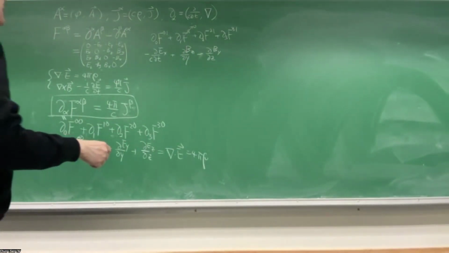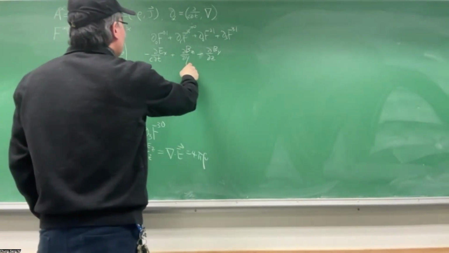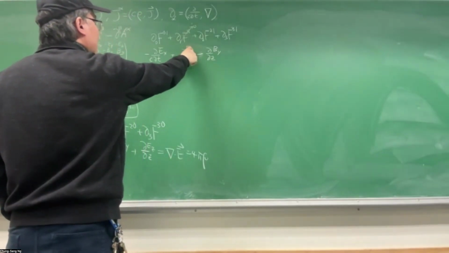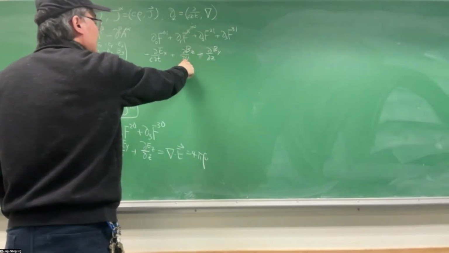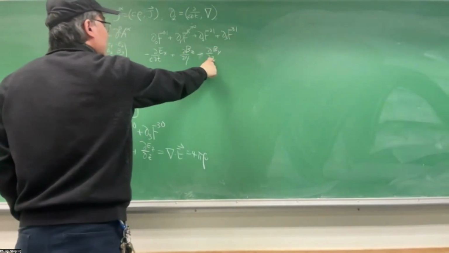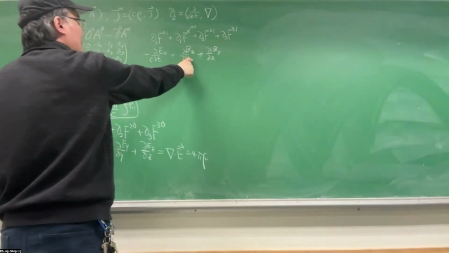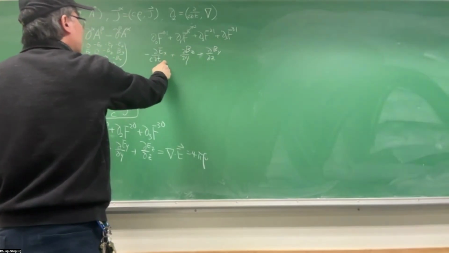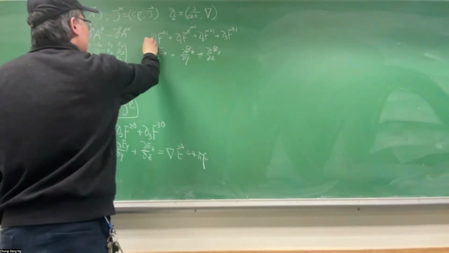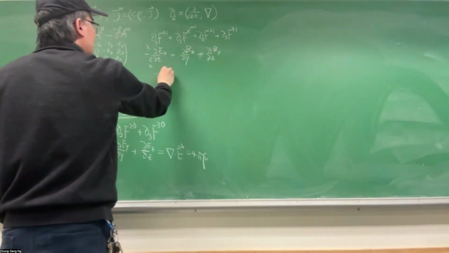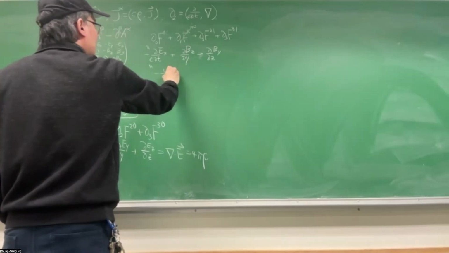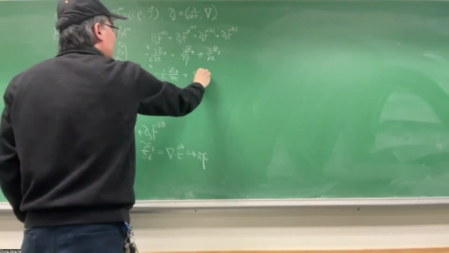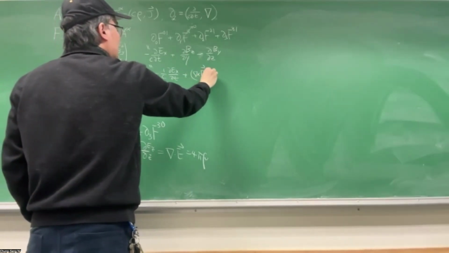Okay, and now you see whether that is so, this is partial b_z partial y minus partial b_y partial z. You know, this is the x component of the curl of b. Okay, so this equals minus 1 over c partial e sub x partial t plus curl of b in the x component.